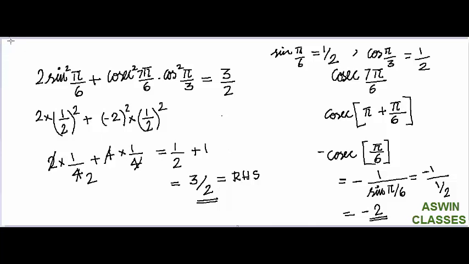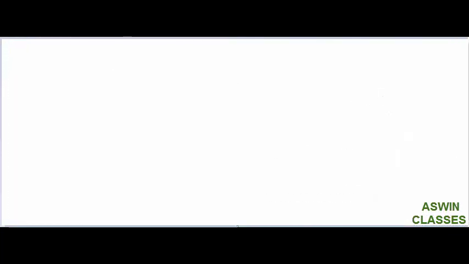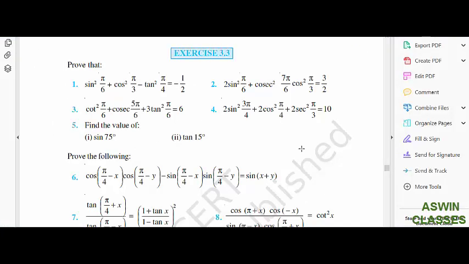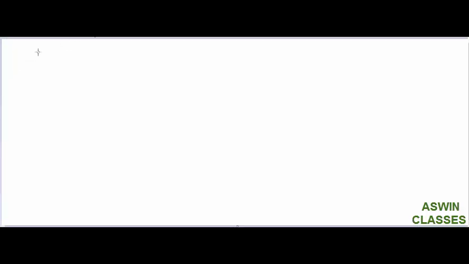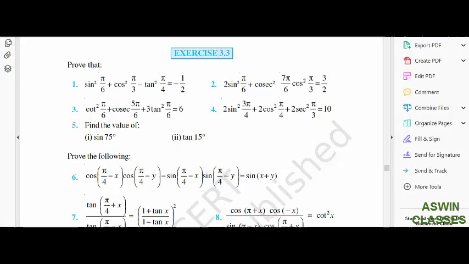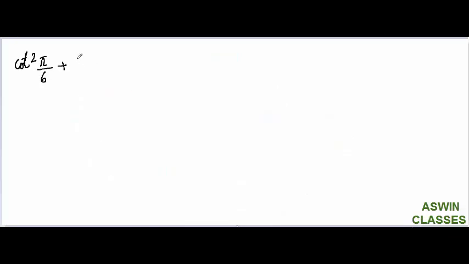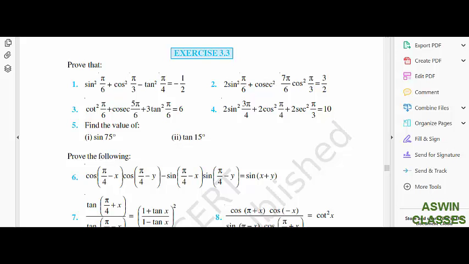Now our third question: cot square pi by 6 plus cosec 5 pi by 6 plus 3 tan square pi by 6 is equal to 6.